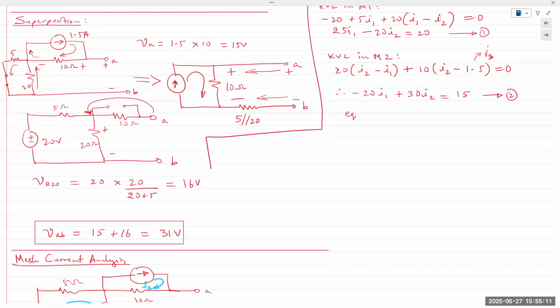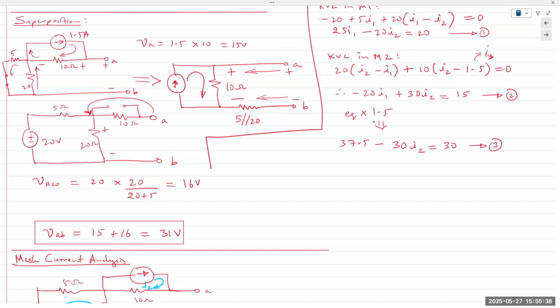Equation 1 times 1.5 gives me 37.5 I1 minus 30 I2 is equal to 30.